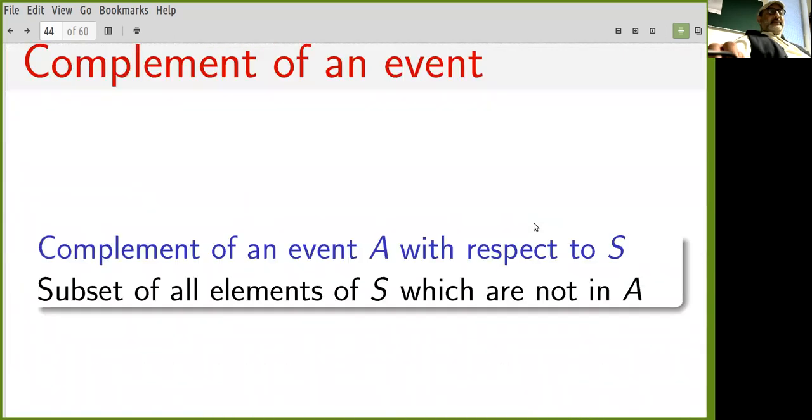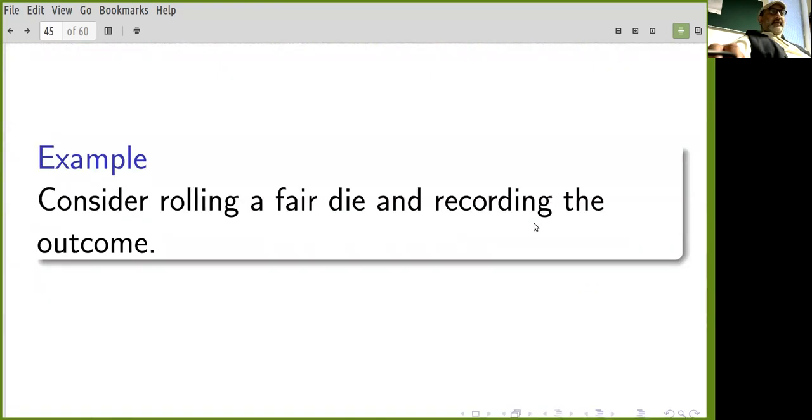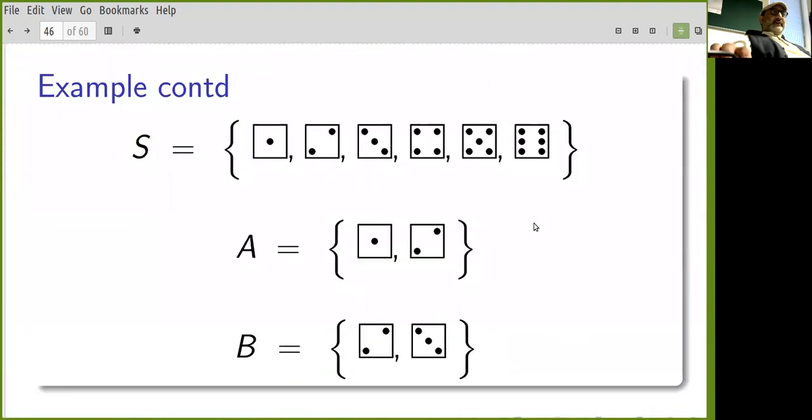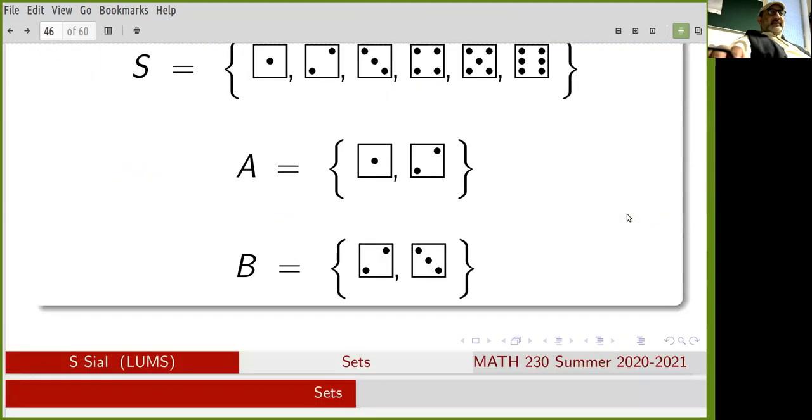Okay, and the complement of an event A with respect to S means all the elements of S which are not in that event A, which are not in that subset A. So back to rolling the fair 6-sided die. S was our sample space. A is the event rolling a 1 or a 2. B is the event rolling a 2 or a 3. And what's A complement?